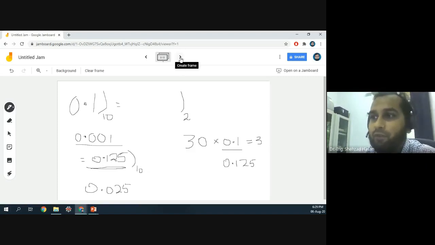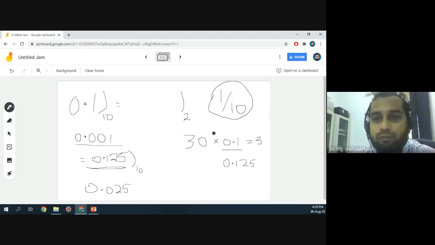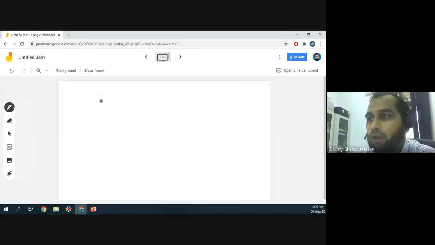So one way to store 0.1 is, since 0.1 is actually 1 divided by 10, right? One way to store this is to store it as 2 integers. So we call one of them P, another one Q. So P would be the numerator here, which would be 1. Q would be the denominator, which would be 10, right?